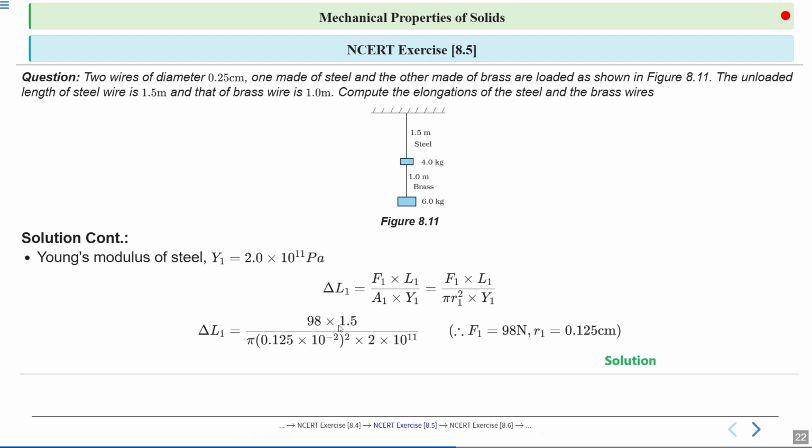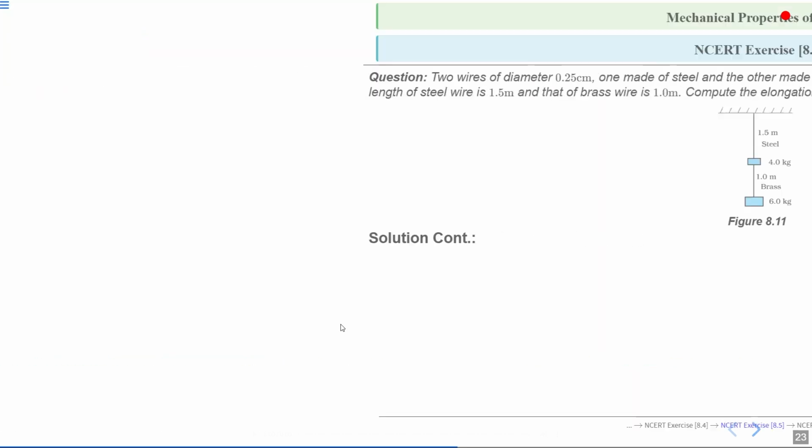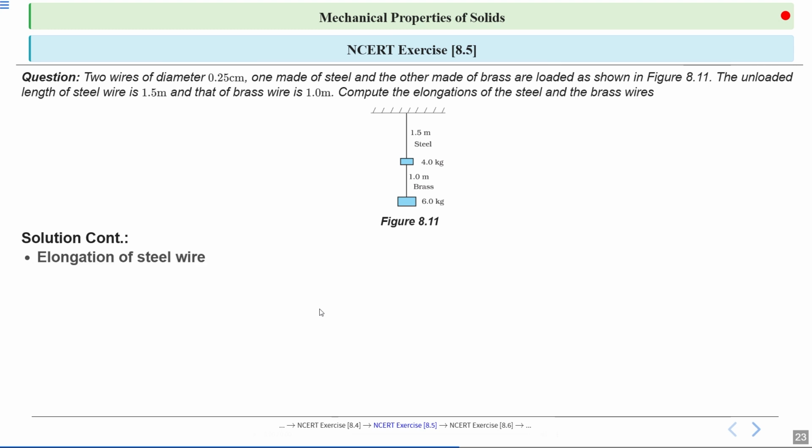Alright, so solving this you will get delta L1, the elongation of the steel wire. So delta L1 is equal to 1.49 into 10 raised to the power minus 4 meter.